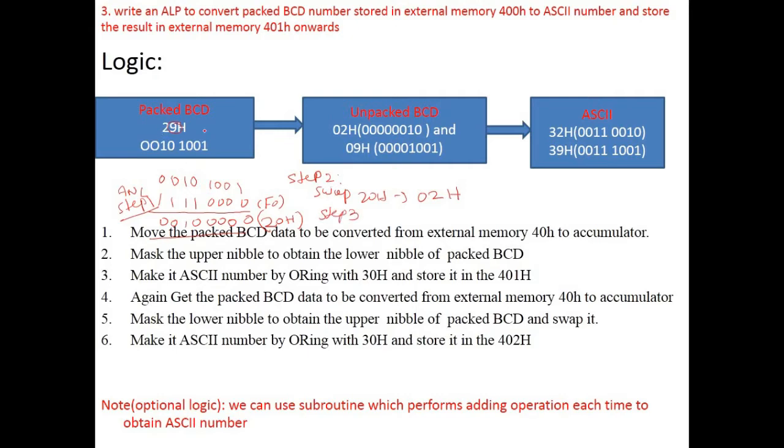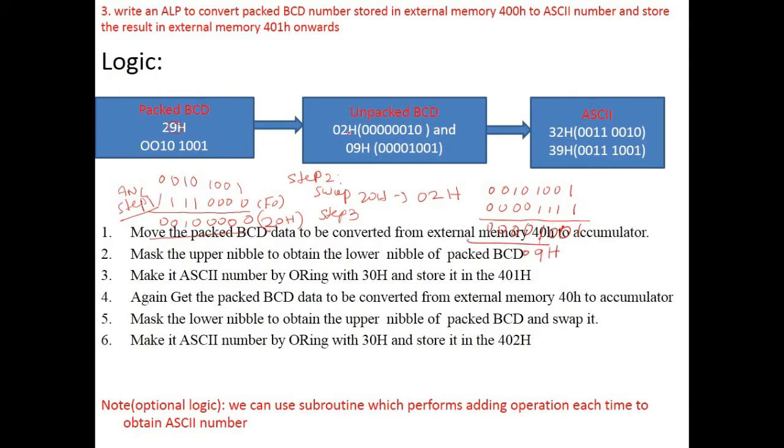So if I write 29H again here, and we need to mask the higher nibble, then this nibble should be ANDed with 0 and this needs to be ANDed with ones, right? Now if we AND this, we'll get 00001001. So we get 09H. Correct.